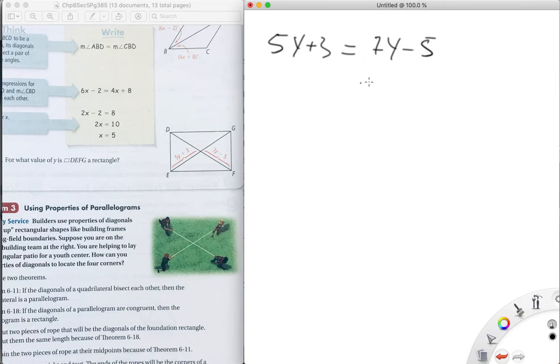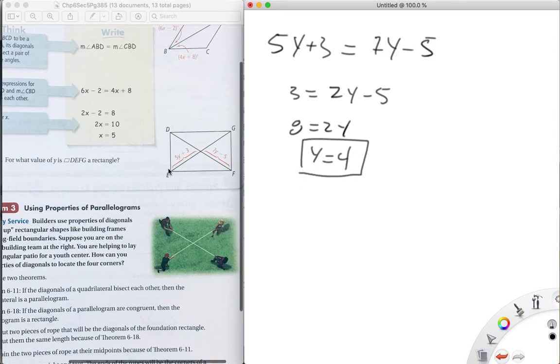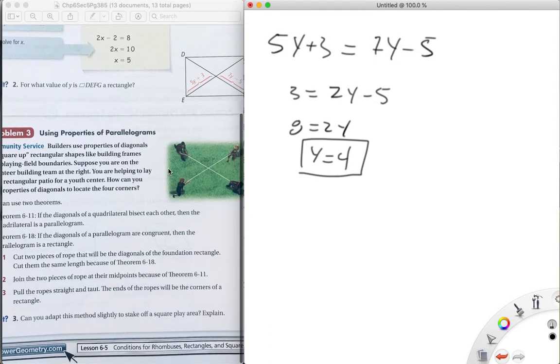Subtract 5 from both sides: 3 equals 2y minus 5. Add 5 to both sides: 8 equals 2y, y equals 4. And this was the value of y.